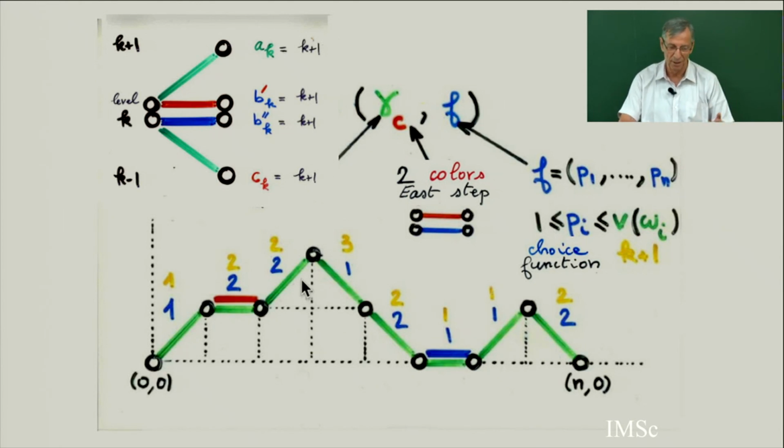So it will be the weight of the 2-color Motzkin path. So see what you have to prove: that there is a bijection. There must be a bijection between permutations of n plus 1, and this Laguerre history, a Motzkin path with 2 colors on the level, and this choice function.